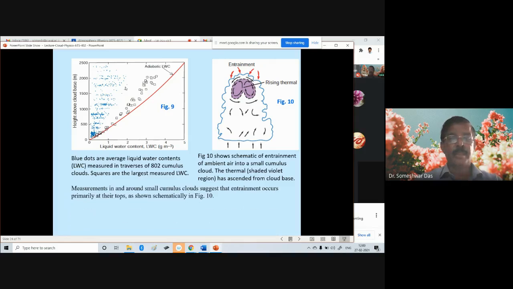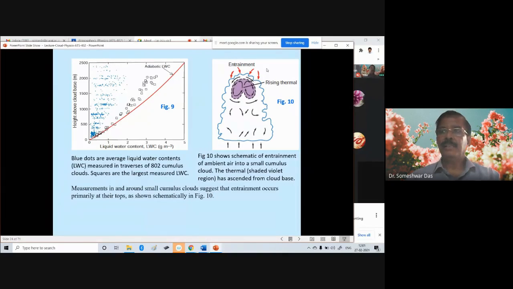So measurements in and around the small cumulus clouds suggest that entrainment occurs primarily at the tops, as symmetrically shown in the diagram. Well, this is the case for the growing phase of the cumulus cloud. As you might have read or studied, or may study later also, the cumulus or convective clouds go through three phases in their life cycle.